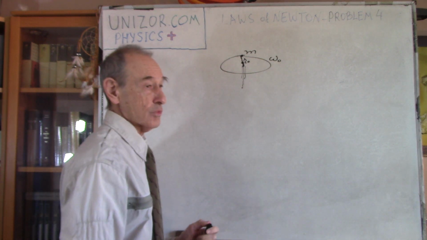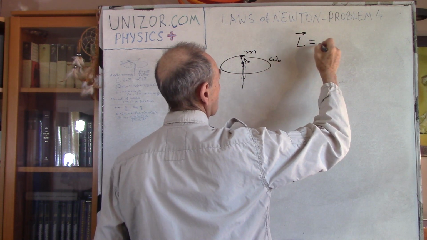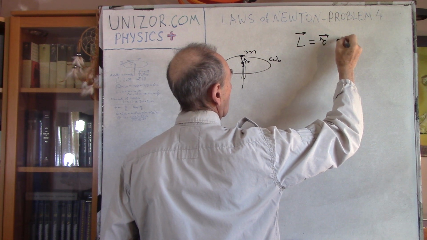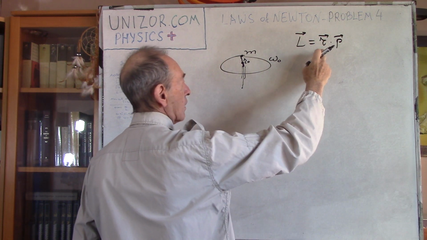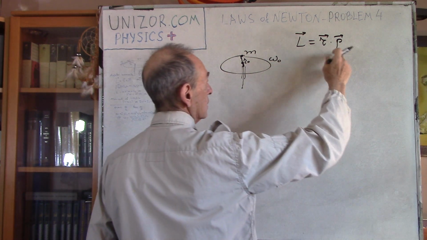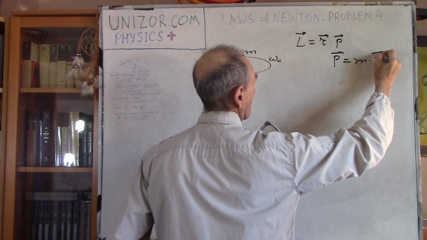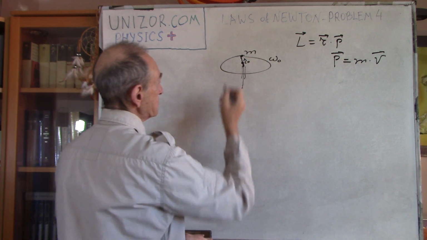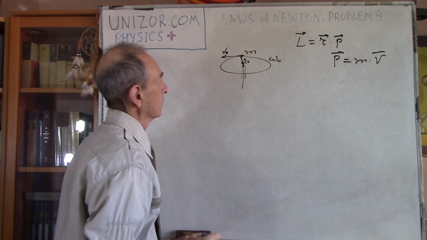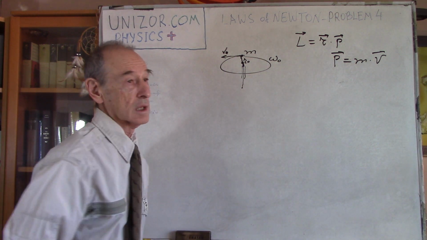And in the central force, as we know, the angular momentum vector L = r × p, where r is the vector of position and p is the vector of momentum, mass times speed. Speed is tangential. This is my speed. So this is preserved.